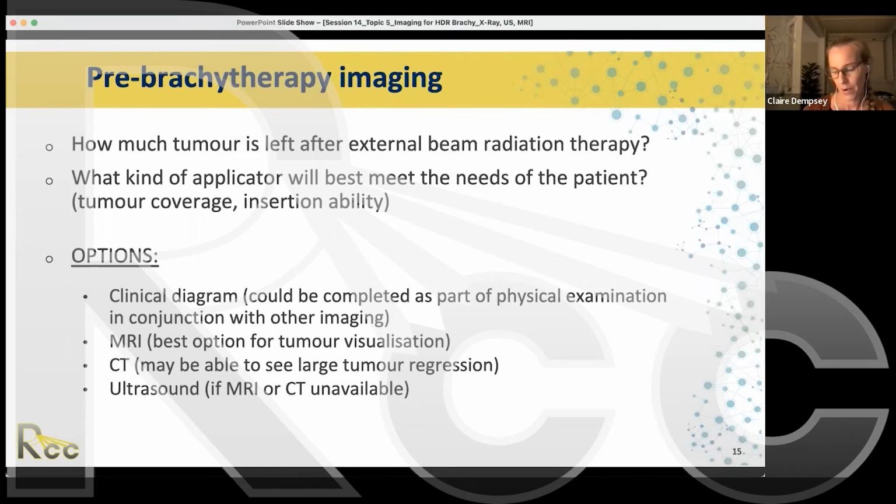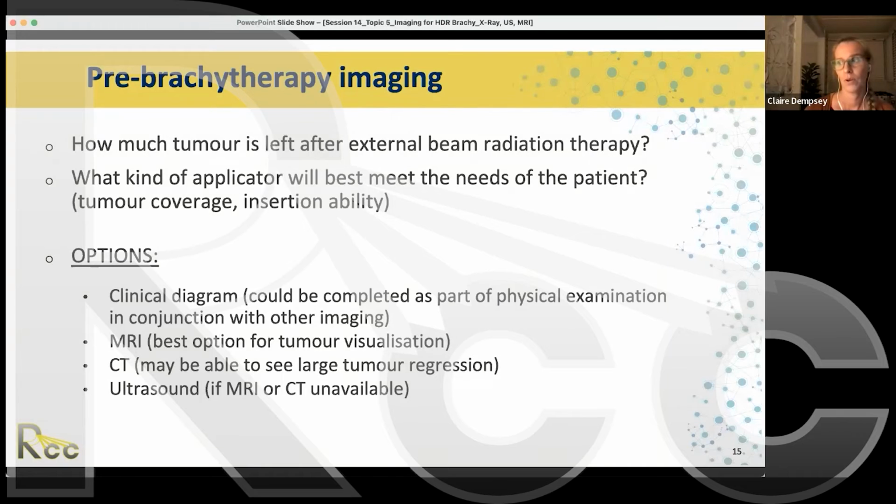Knowing what tumor is left in the patient before we start brachytherapy will help us decide what kind of applicator will best meet the needs of that patient. So whether we need an interstitial treatment, whether the tumor is so big and bulky that we really can't cover it very well with just a tandem and ring or a tandem and ovoid.